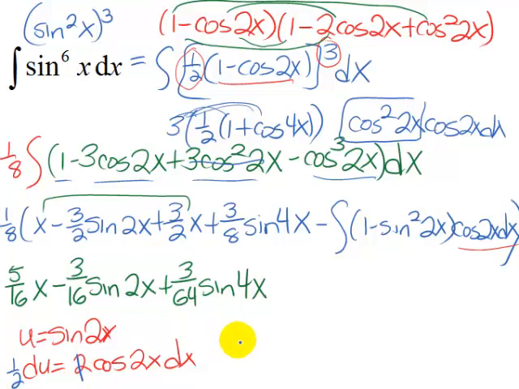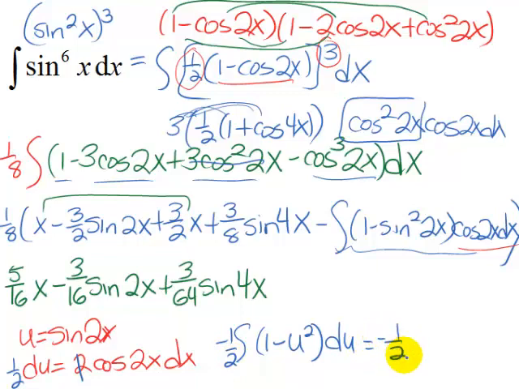So doing the u substitution, this would be minus the integral, we're just working this piece right here, 1 minus u squared, and then du with a 1/2 there. So that's going to be minus 1/2, and this would be u minus 1/3 u to the third, and then our constant of integration.